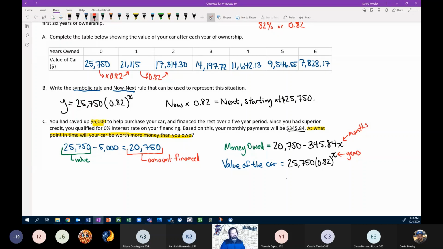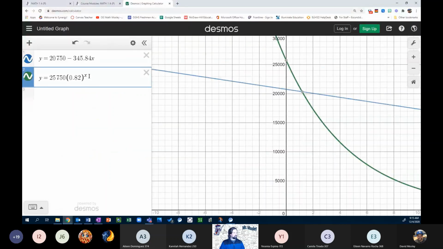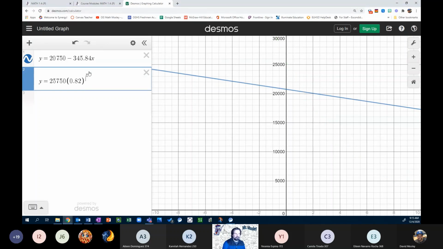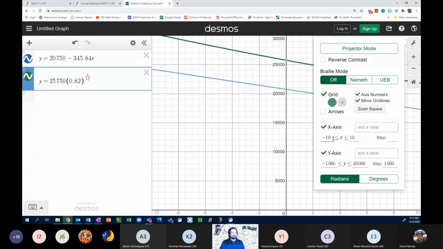We can't use different units of time. I'm just going to divide this one by 12. That's easier. And then let's go month, 60.